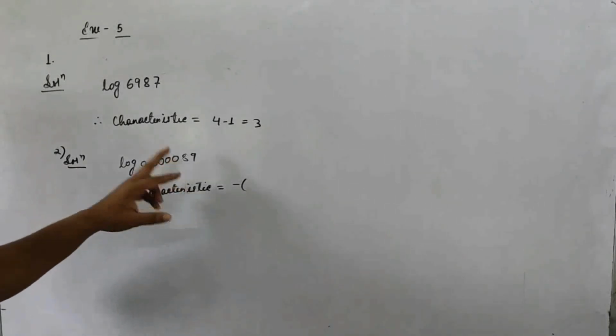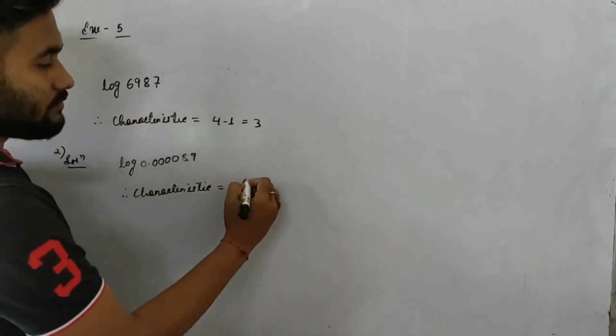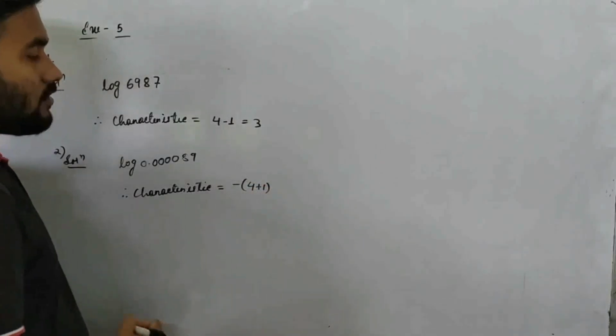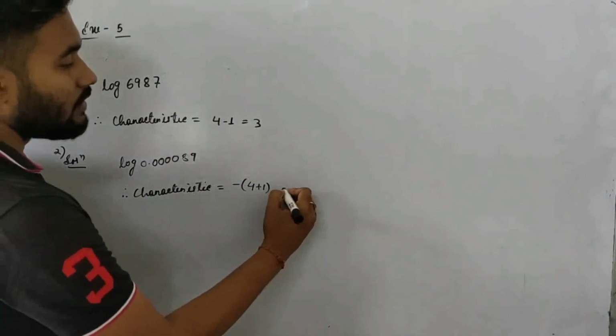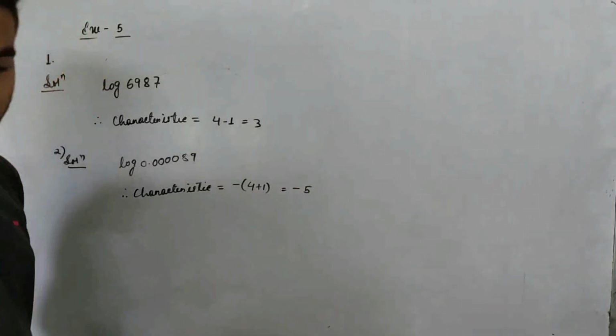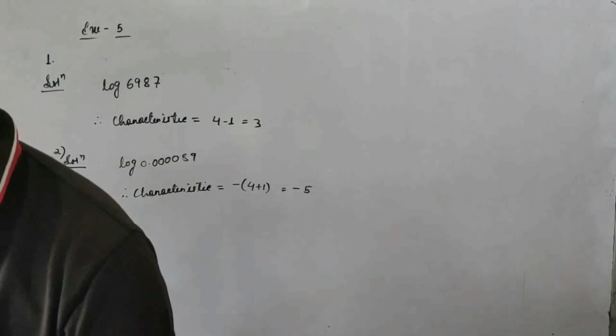There are 4 zeros, so 4 plus 1. So this will be equal to minus 5. The characteristics is minus 5.